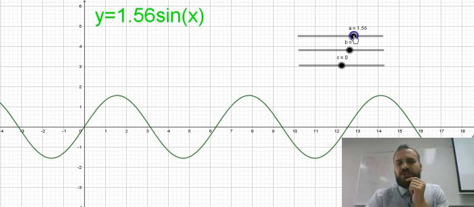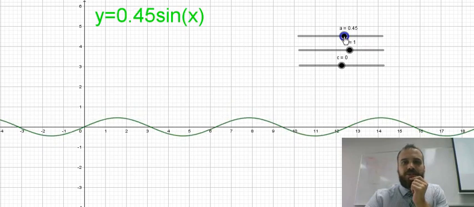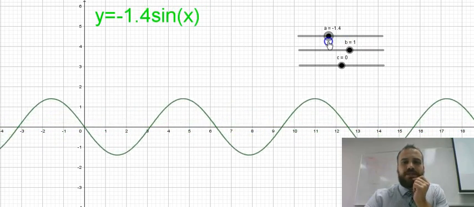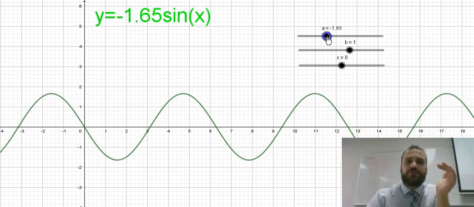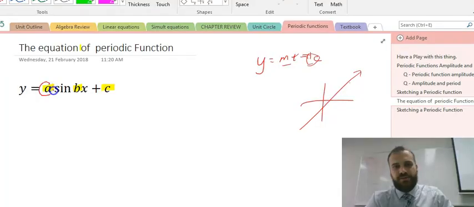But if we change the a value to a negative value, it flips it upside down and it starts going downwards. So the a value controls the amplitude. A value, amplitude. Adding a negative sign would flip the curve.